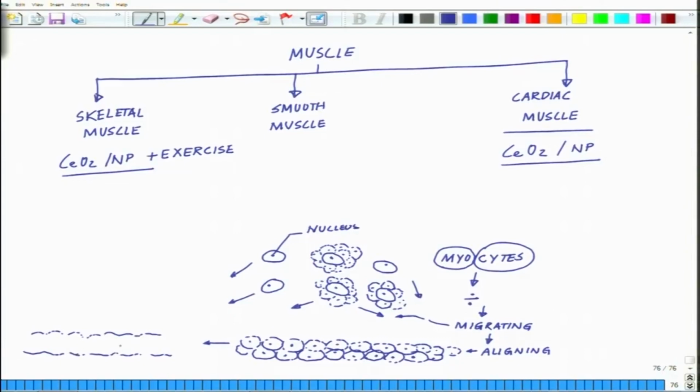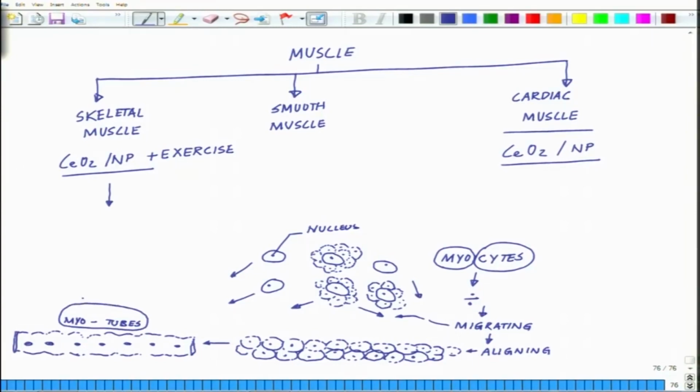All the nuclei are arranged like this, so the structure almost becomes like a tube, very typical of a skeletal muscle. These tubes are called myotubes, which are the smallest unit of muscle.